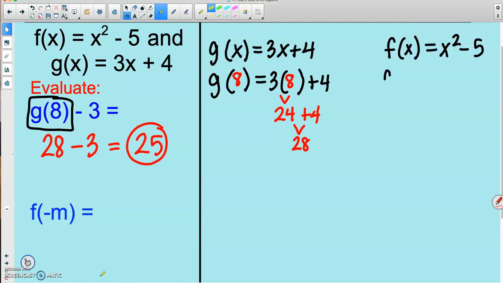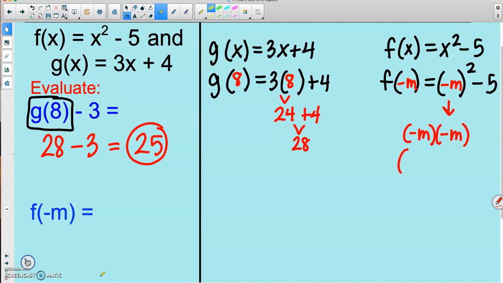The second one, we're substituting a negative m. So if I substitute negative m, like this, when I simplify this one, negative m squared means negative m times negative m, which is like negative 1m times negative 1m.